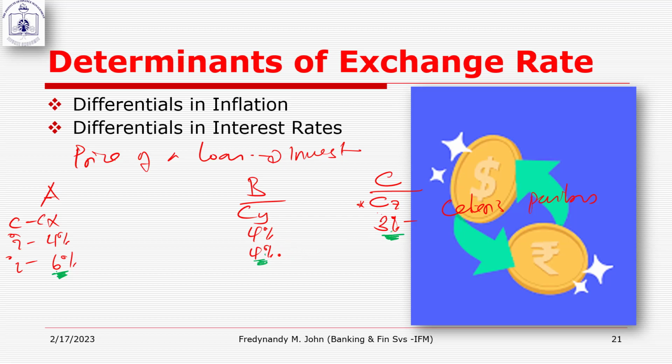From country B, you're going to earn only 1%, while from country A, you're going to earn 3%. That is to say, this interest rate is highly attractive even to investors who are in country B. So investors from both country B and country C will go to invest in country A.